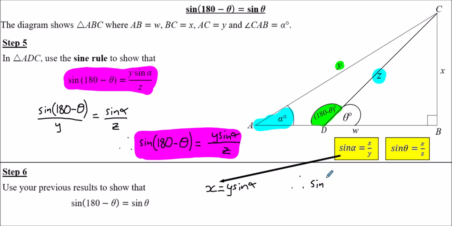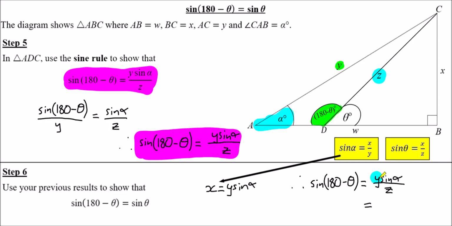So because of that, we can say that sine of 180 minus theta equals y sine alpha over z, but y sine alpha is x, like we've got here.